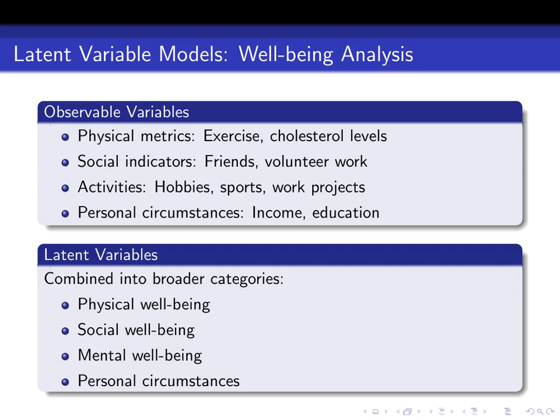These observable variables were then combined into broader latent categories including physical well-being, social well-being, mental well-being, and personal circumstances. This approach helps simplify complex data while maintaining its meaningful relationships.